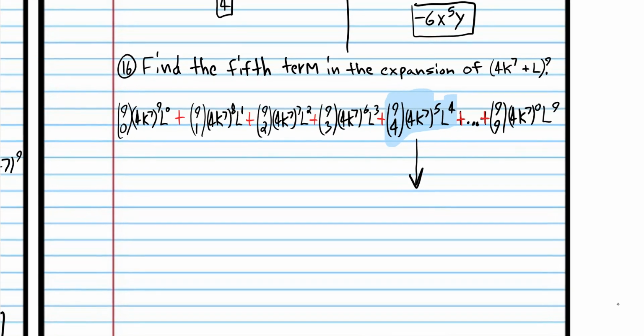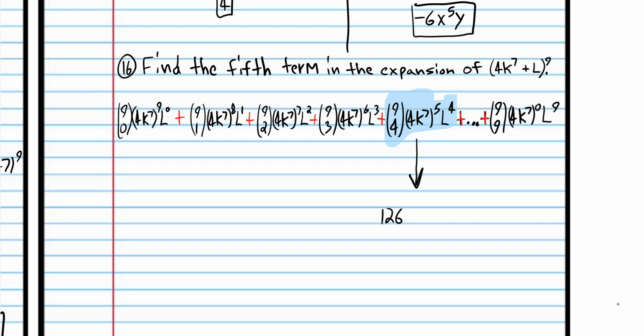So let's calculate 9 choose 4 with our TI-84 Plus. 9 choose 4 is 126. So we have 126, and then 4k to the 7th to the 5th power.